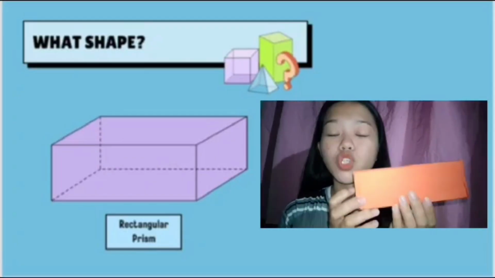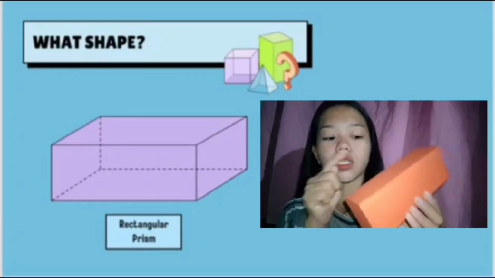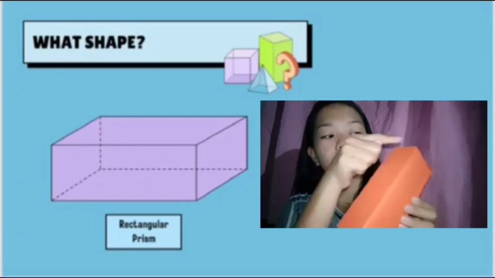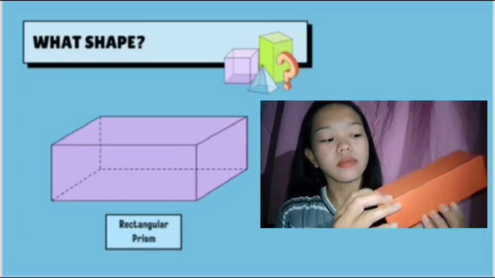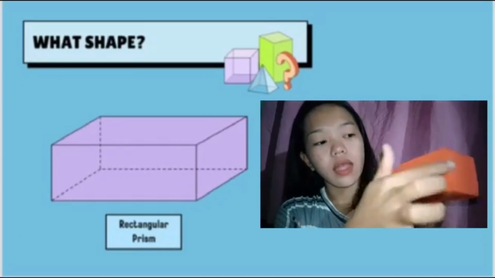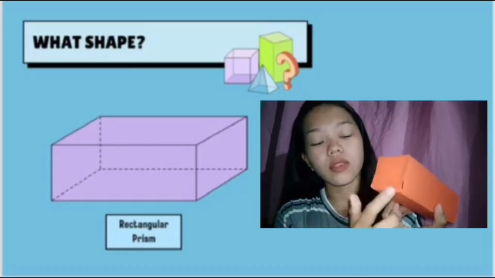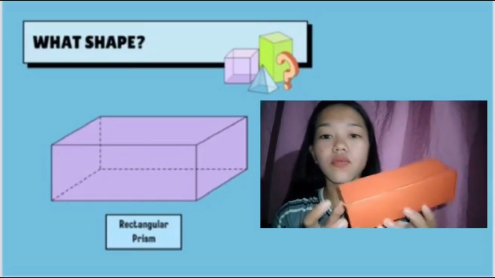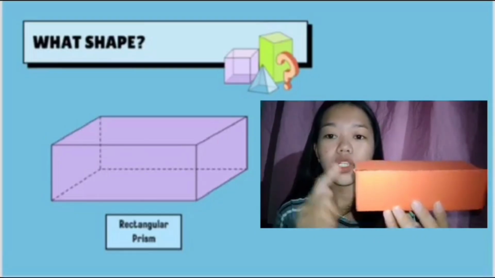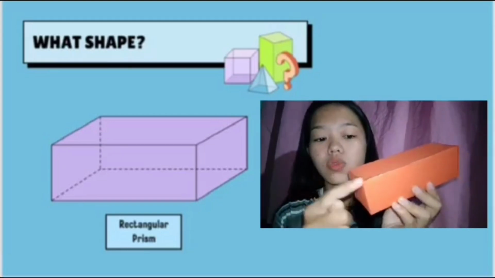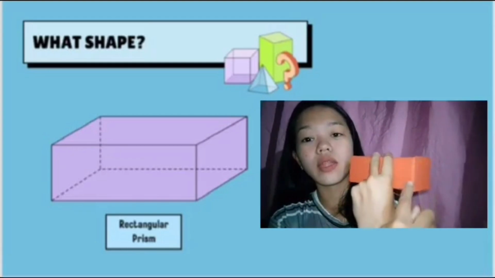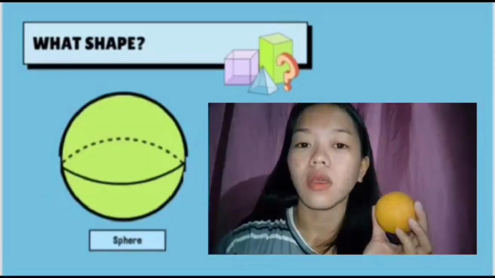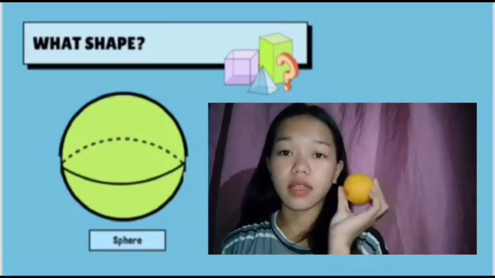And then, naa siyay edges nga 12, which is kani 1, 2, 3, 4, 5, 6, 7, 8, 9, 10, 11, 12. And then, naa siyay vertices nga 8, which is kani 1, 2, 3, 4, 5, 6, 7, and 8.